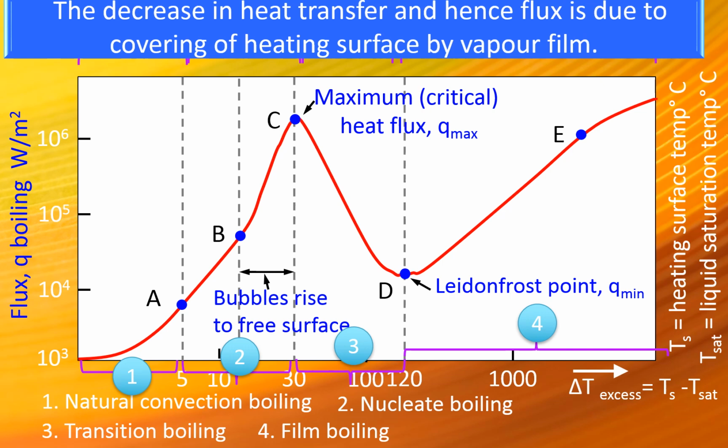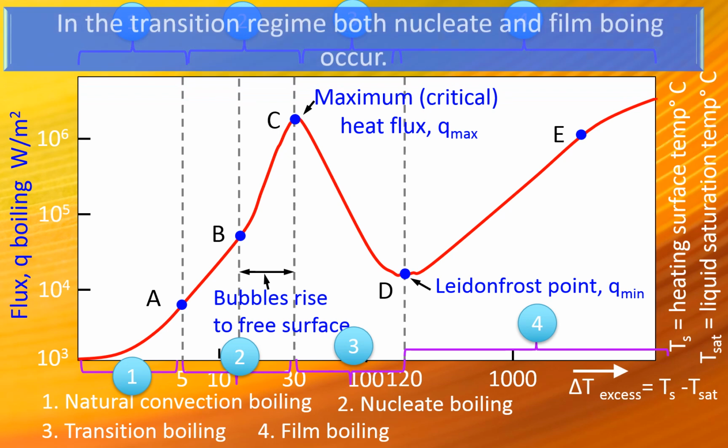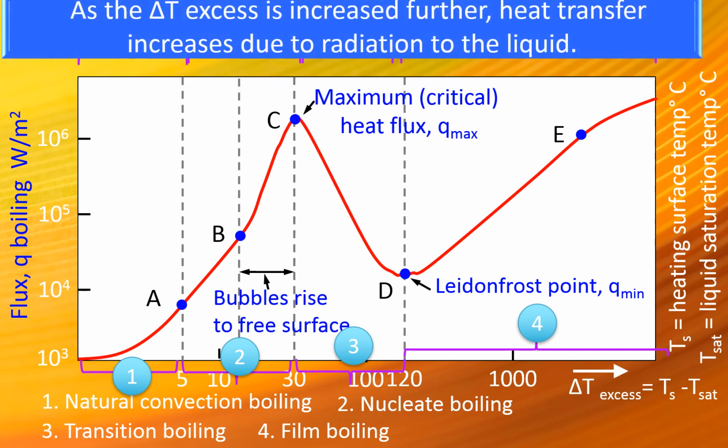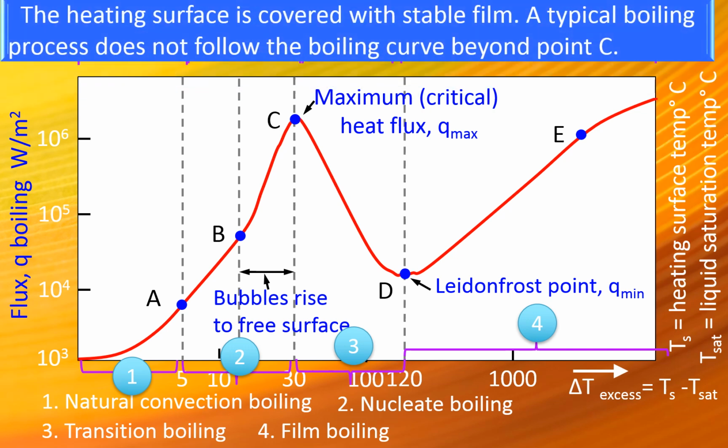In the transition regime, both nucleate and film boiling occur. As the delta T excess is increased further, heat transfer increases due to radiation to the liquid. The heating surface is covered with a stable film. A typical boiling process does not follow the boiling curve beyond the point C.